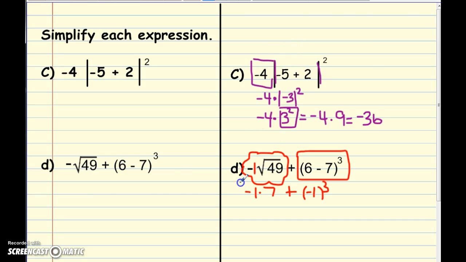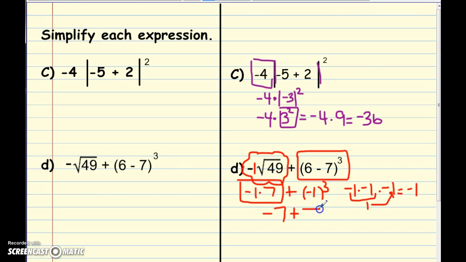Again, I can simply do this -1 times 7, which is -7, plus -1 to the 3rd power, which again is not -3. It means to do -1 times -1 times -1. -1 times -1 is +1, and +1 times -1 is -1.